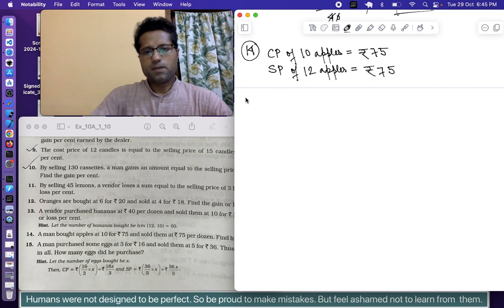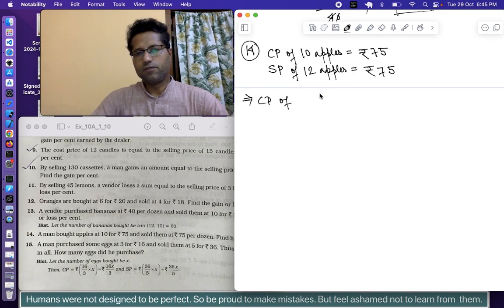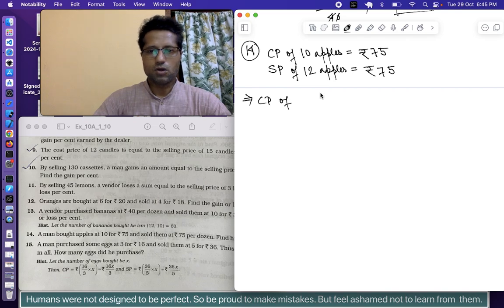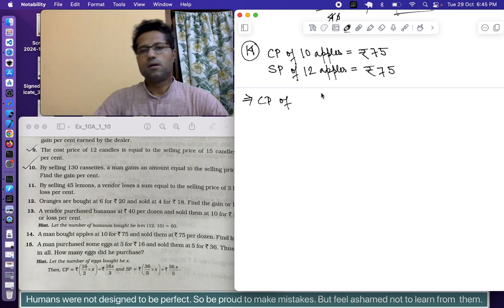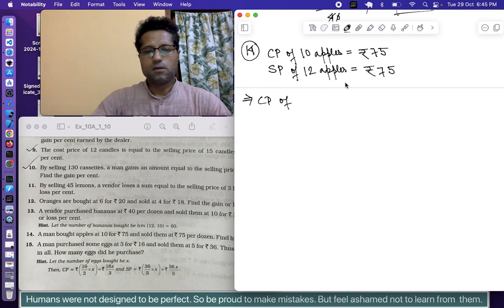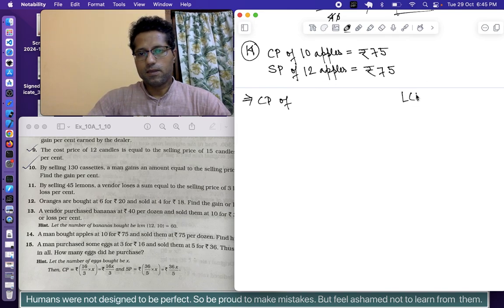So let's see, the LCM of 10 and 12 will be how much? Will be 60. LCM of 12 and 10 is equal to 60.